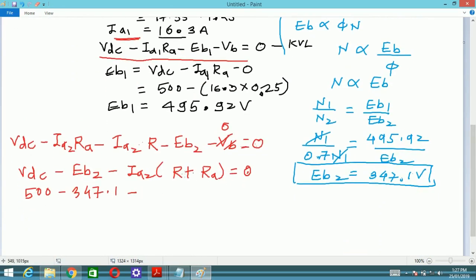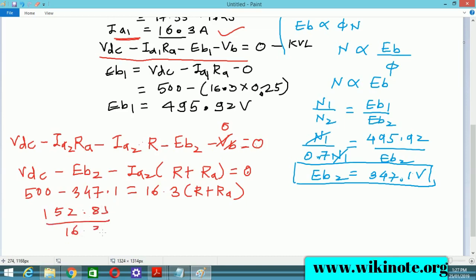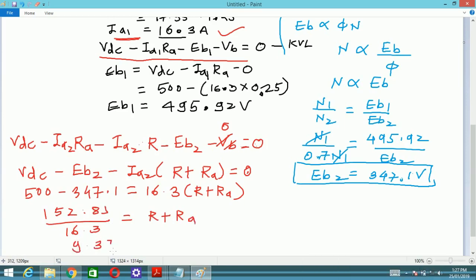Subtracting, I get 152.85 divided by 16.3 equals R plus RA, and this comes to around 9.37.